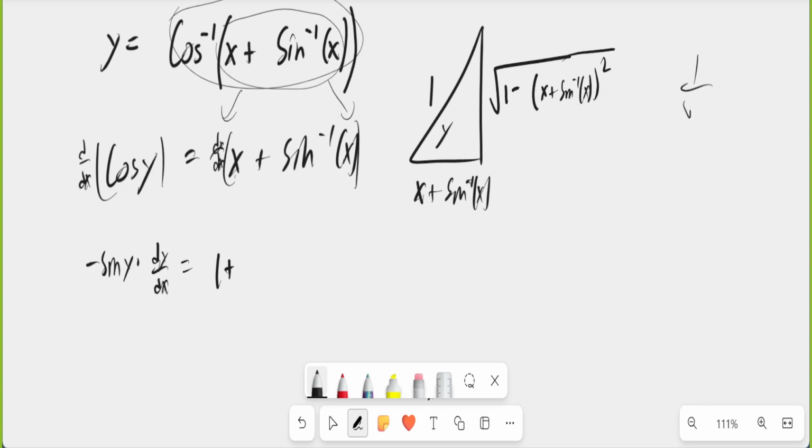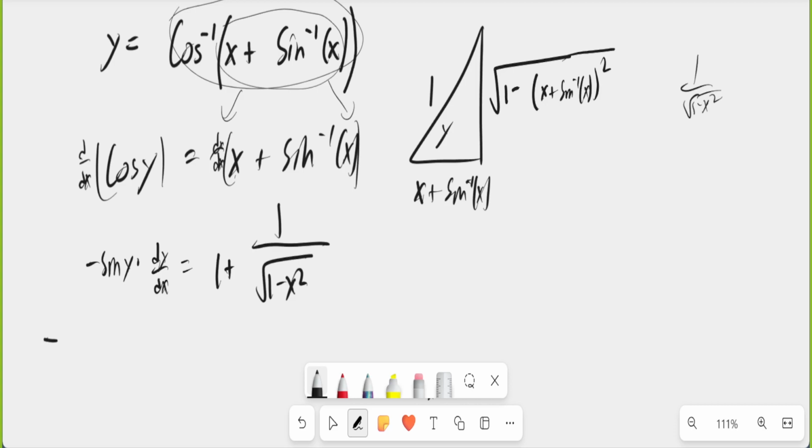It was like 1 over the square root of 1 minus x squared. I think that's it. And I think this is what Avi was talking about, where you can just plug it in without taking sine to the other side.